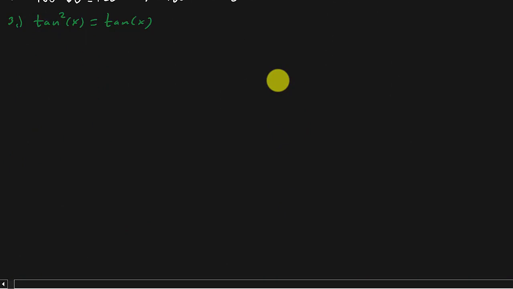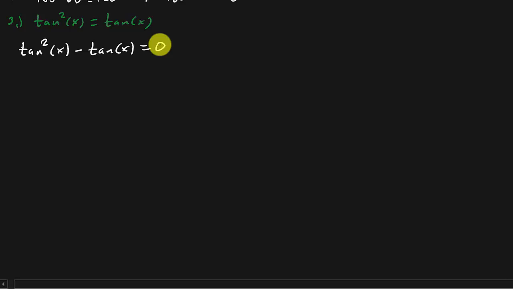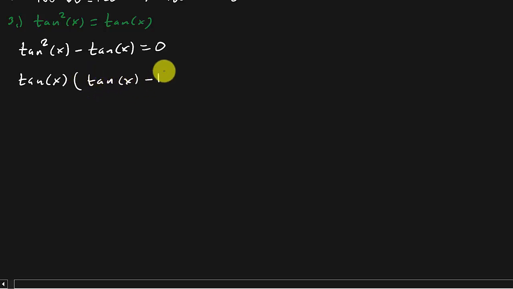Tangent squared x equals tangent x. All right, so first thing I want to do is get that tangent x on the left-hand side. Let's get everything on one side, set it equal to 0. Now I need to factor. So I can factor out a tangent x, and that's going to leave me tangent x minus 1 equals 0.